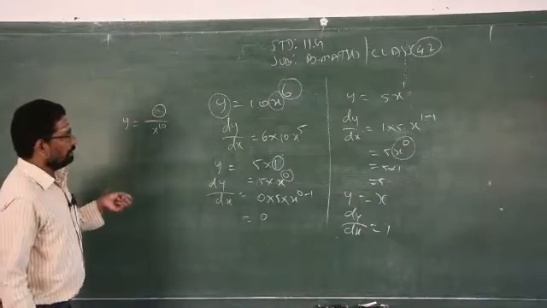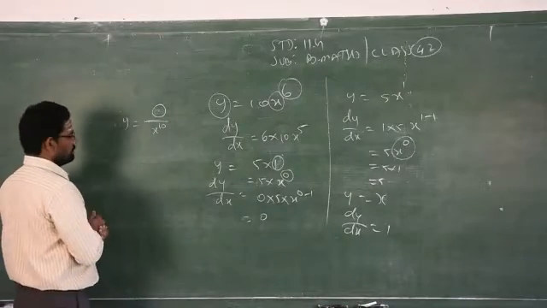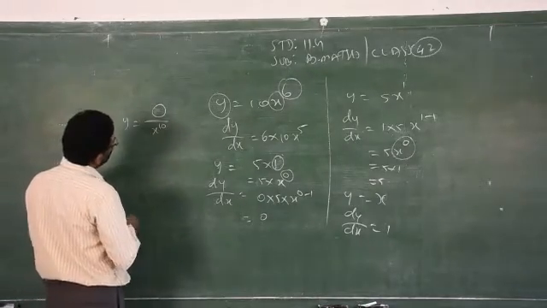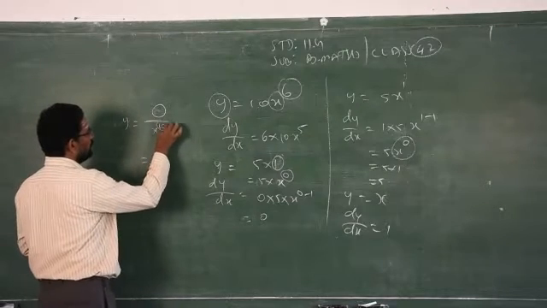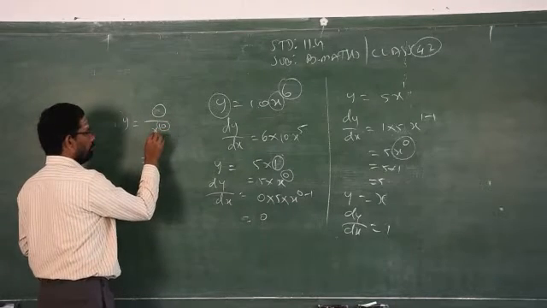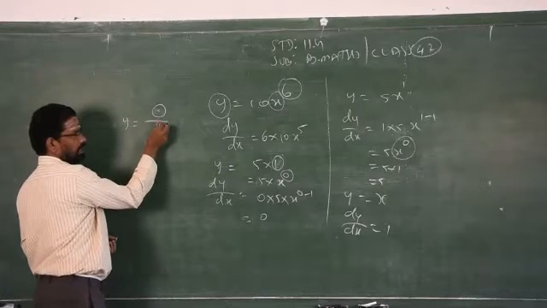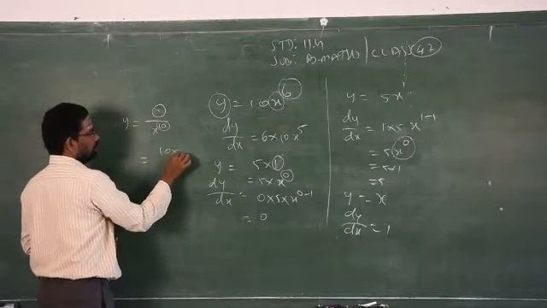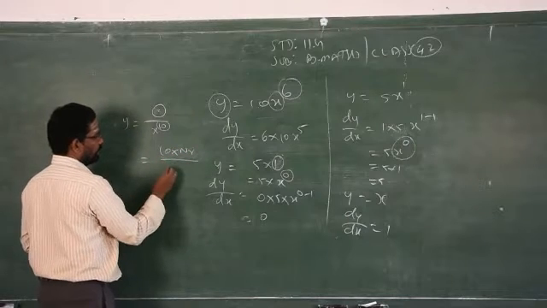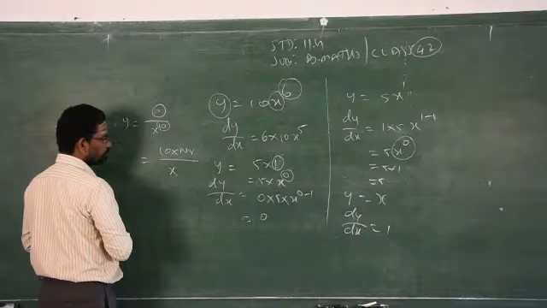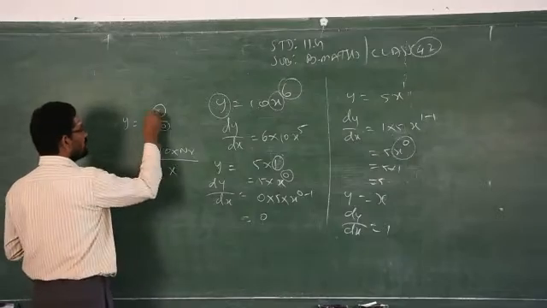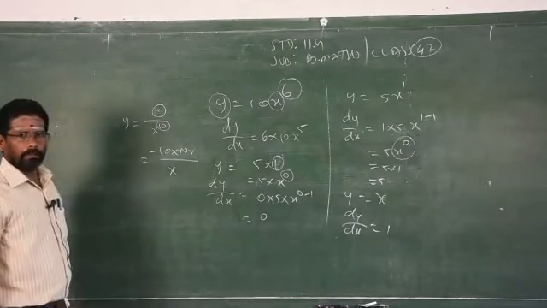So, only the variable in the denominator. In this case, how to differentiate? Just multiply the power of the variable x in the denominator by the numerator, whatever number, doesn't matter. So 10, that is, numerator into, by x power, you have to change the sign. Clear?